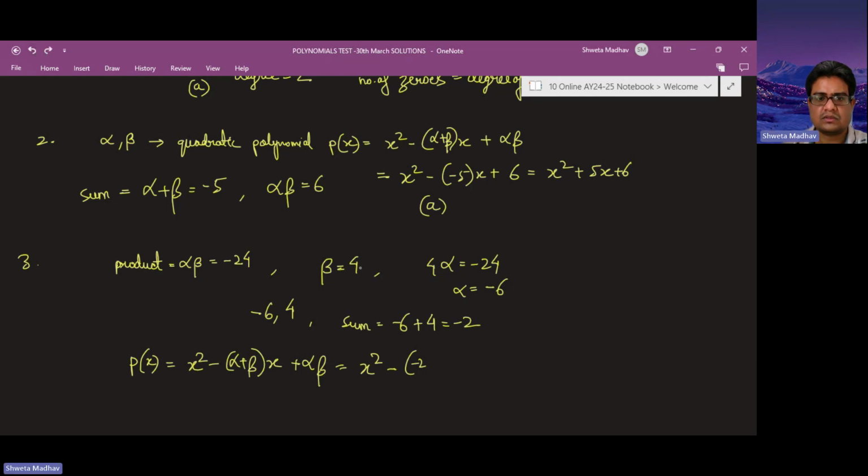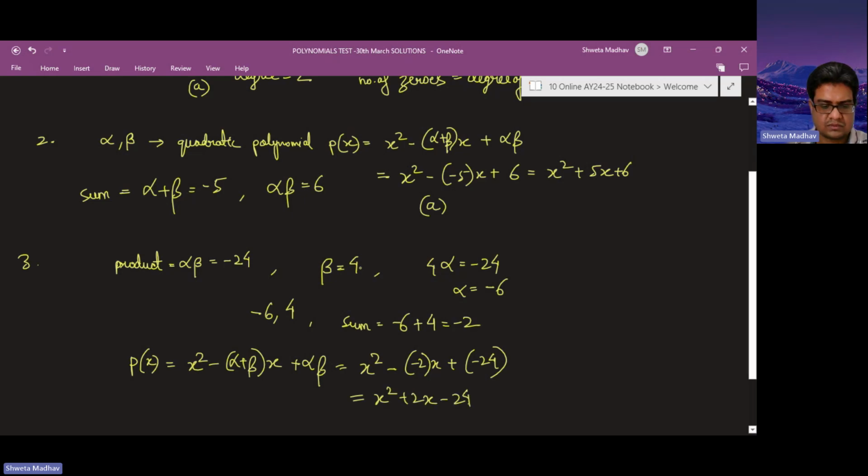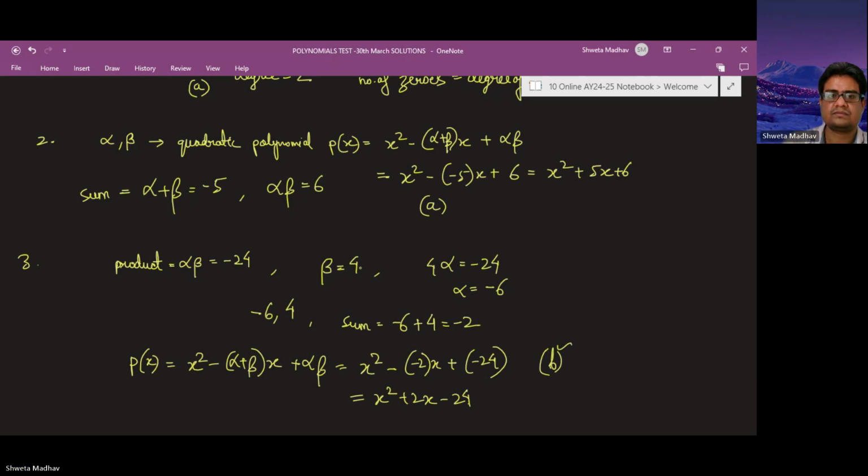The sum of the zeros is -2, so it is x square minus (-2) into x plus (-24). So this will be x square plus 2x minus 24. Therefore, option B is the correct answer.